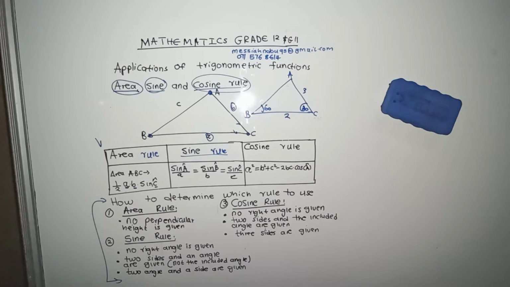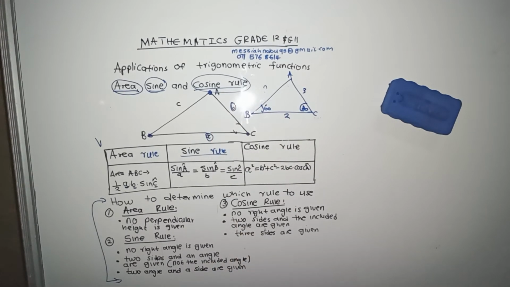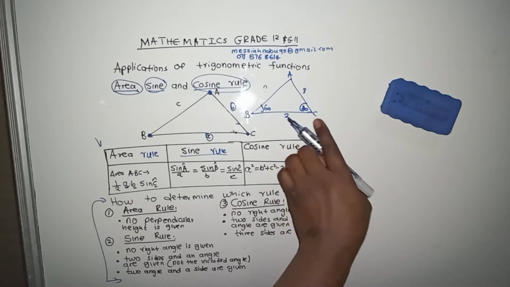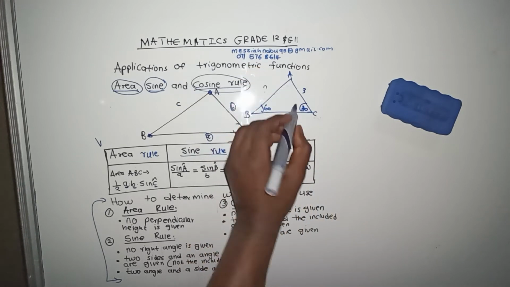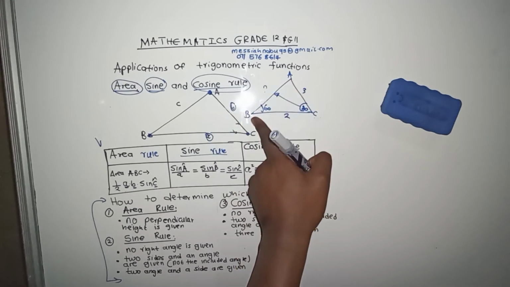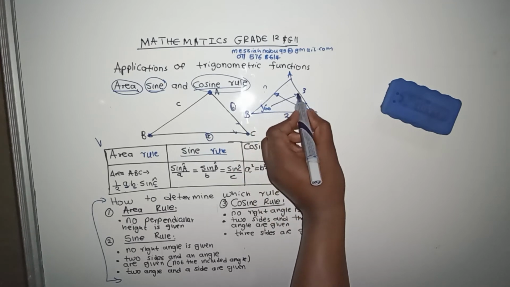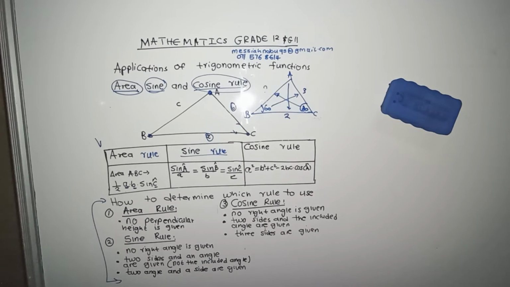As an example, let's say we're looking for the side AB. What is the corresponding angle, the angle opposite this side? The angle opposite the side I'm looking for, I'll use the 30. B is pointing to the side which is 3, whereas A is pointing to the side which is 2.